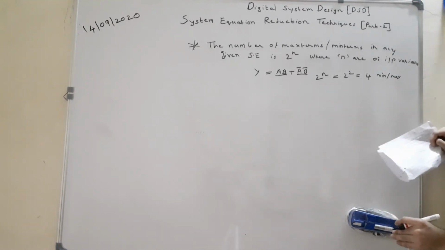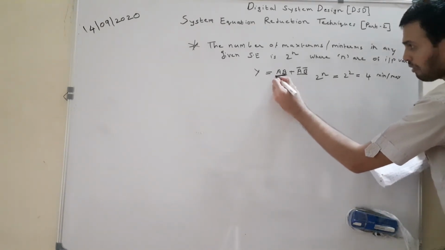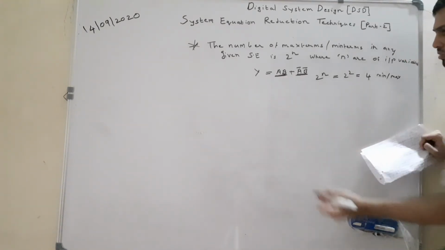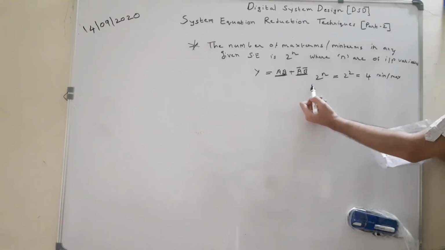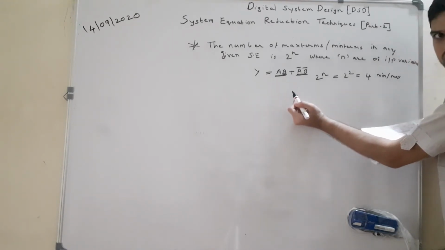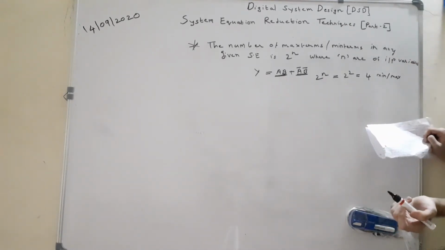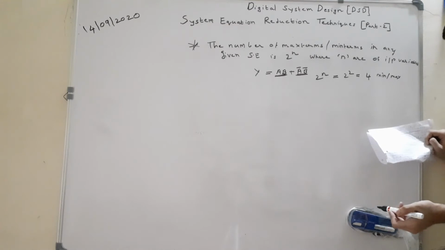And now, as we discussed throughout our Boolean algebra, and previously when we studied logic expressions or system equations in the first class, a and b are both binary variables, and they can carry either the value 0 or 1. But now we discussed max terms and min terms.